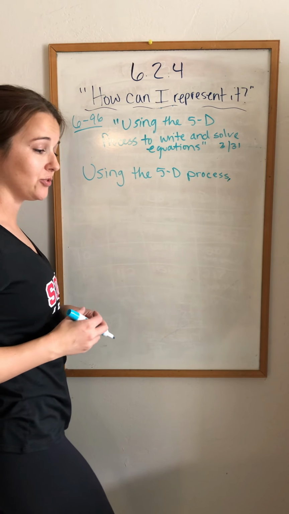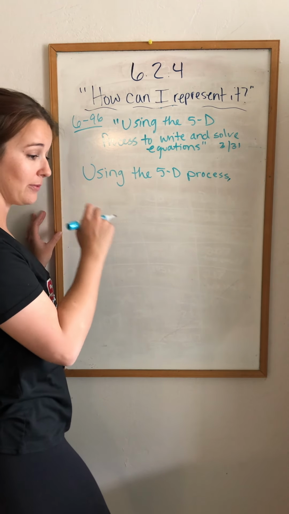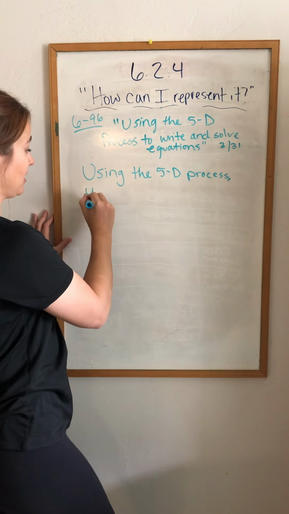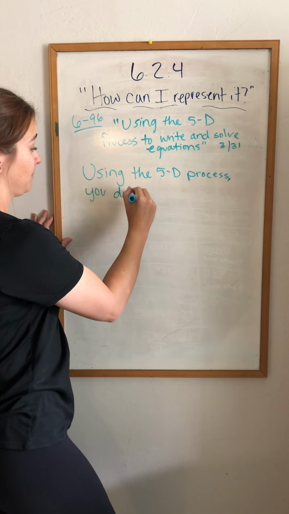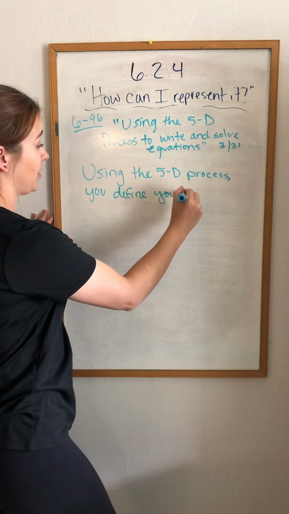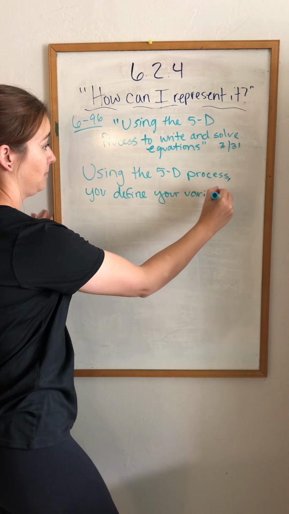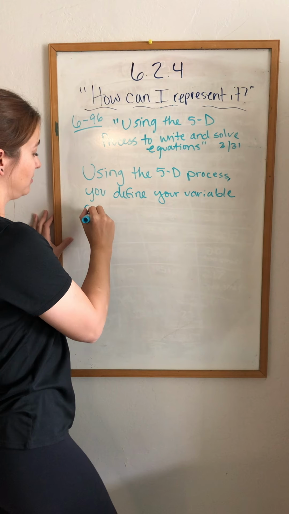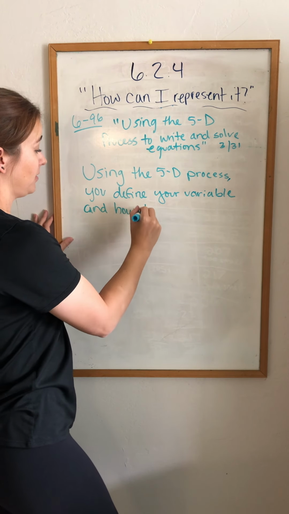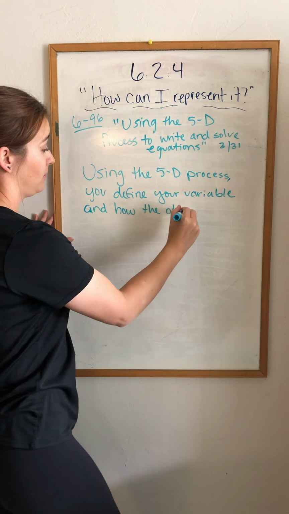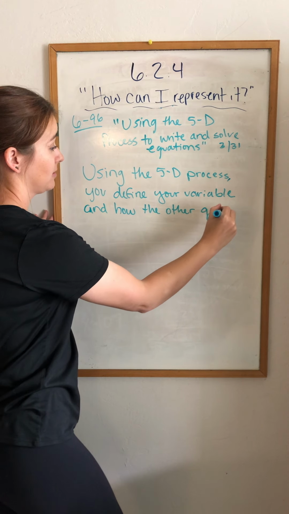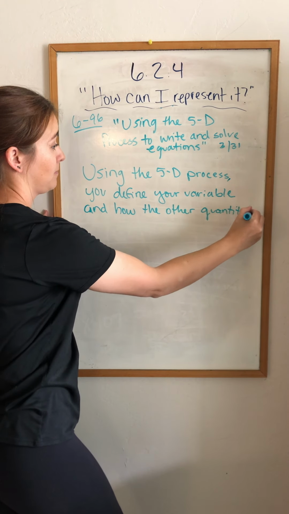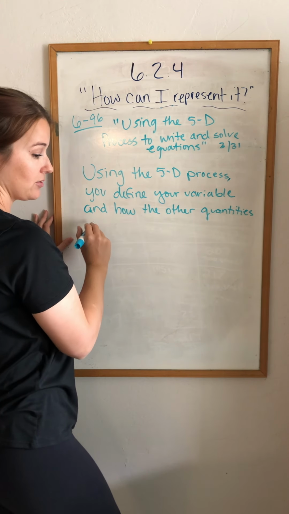And then you can plug it into an equation to solve for your variable. So I put you define your variable and how the other quantities relate to your variable.